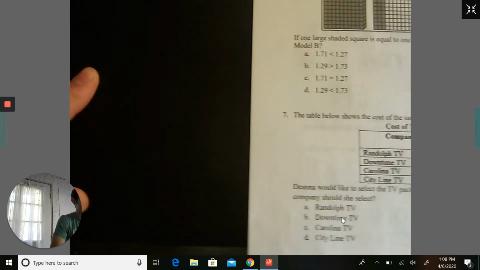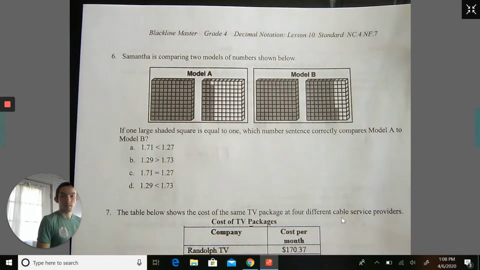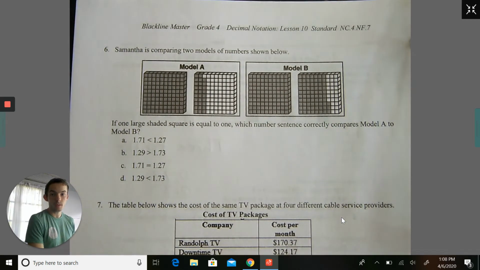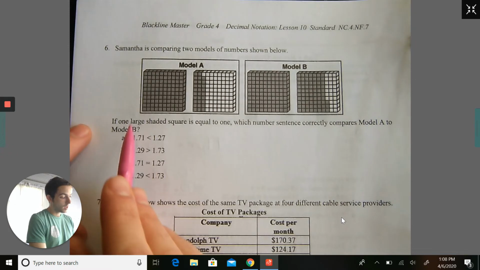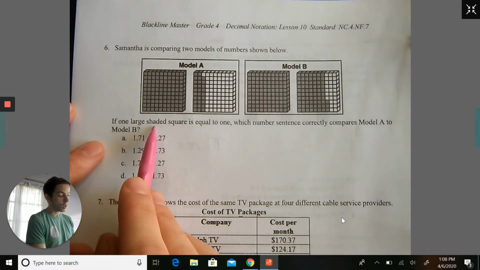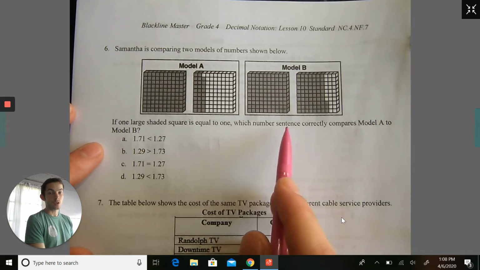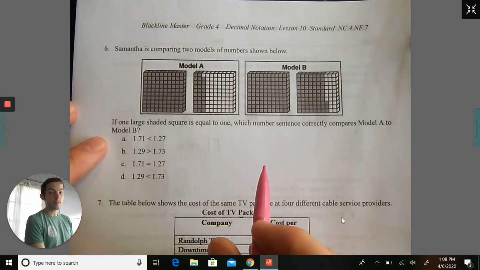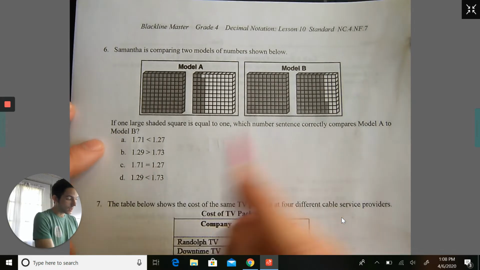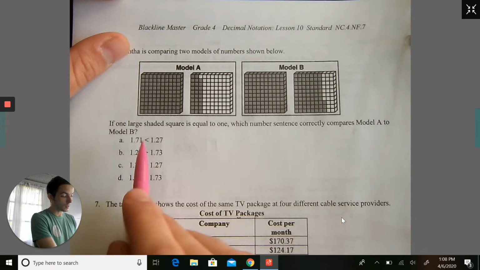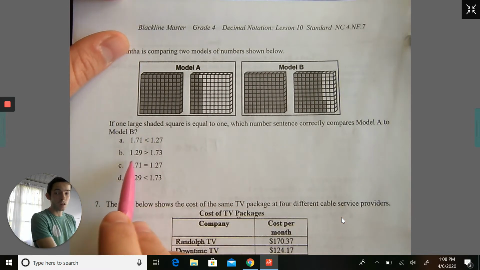Now, for page 52, starting on the back here for number 6, Samantha is comparing 2 models of numbers shown below. So if one large shaded square is equal to one whole, which number sentence correctly compares model A to B? So, looking first, we see that in all of our ones places, we have a 1.